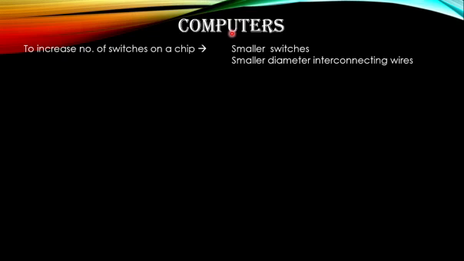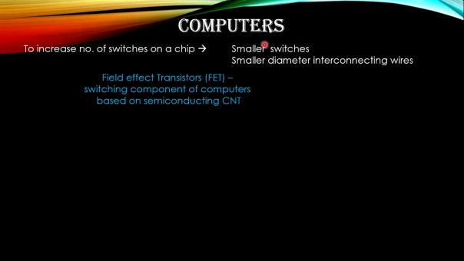We must reduce the size of each switch, and we must also decrease the diameter of interconnecting wires. So we always try to have smaller switches and smaller diameter interconnecting wires to have a faster response of the computer device. So carbon nanotube can be used for this.